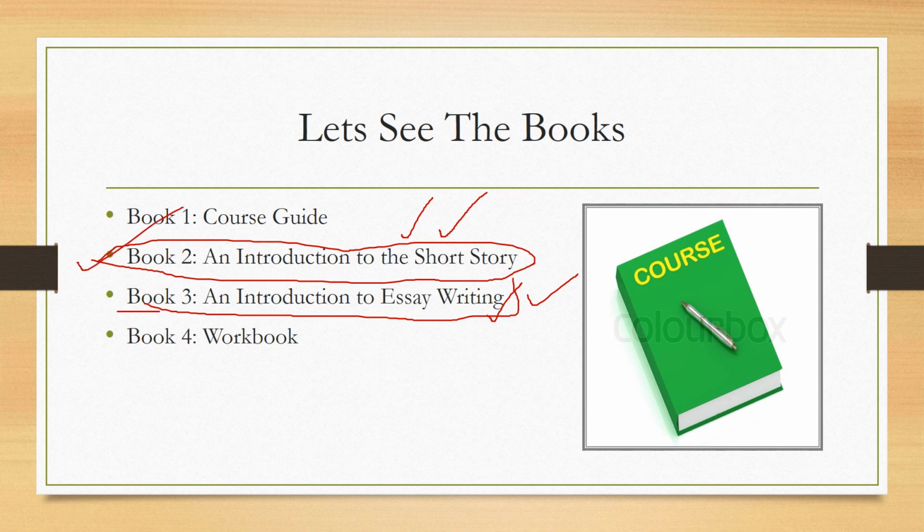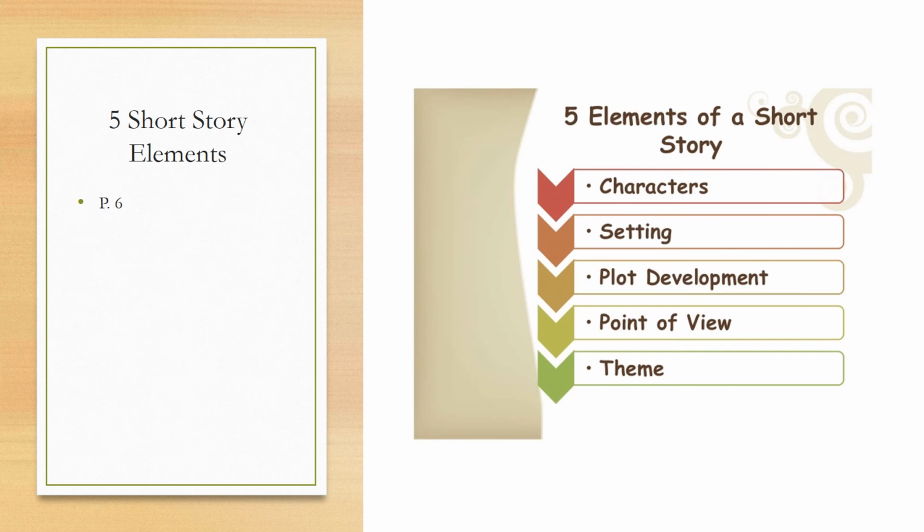Okay, let's move on. All right, now please get the book, make the book next to you. Open the book and let's go to page number 6. Do you see in the middle of that page, we see the 5 elements of the short story.